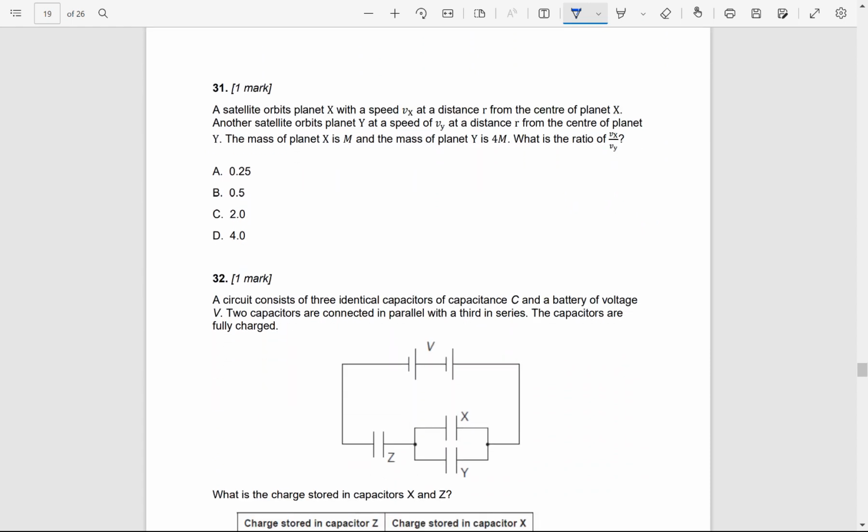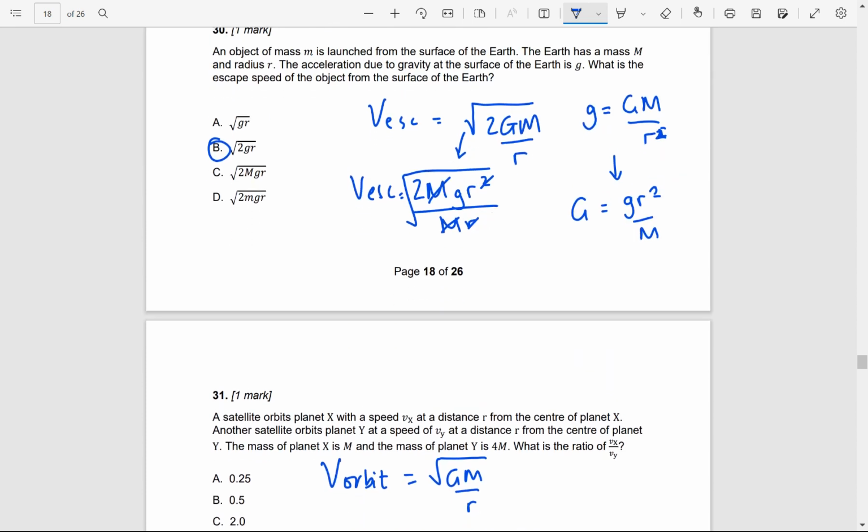Right, question 31 is another kind of orbit question. A satellite orbits planet X with speed Vx at a distance r from X. Another satellite orbits Y at Vy at a distance r from Y. The speed of orbit is root GM over r.